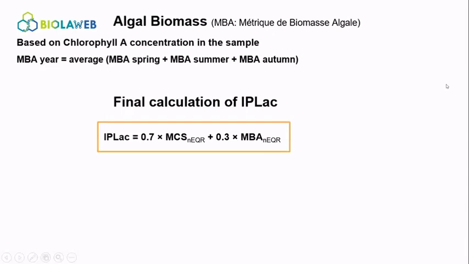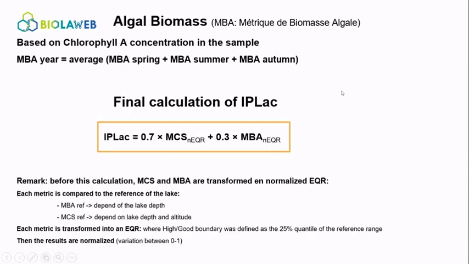And the final calculation of the IPLAC is a weighted average between the metric of specific composition and this algal biomass metric. It gives more weight to the metric of specific composition than to the chlorophyll A concentration. Okay, I skip this. So we have this IPLAC calculation.